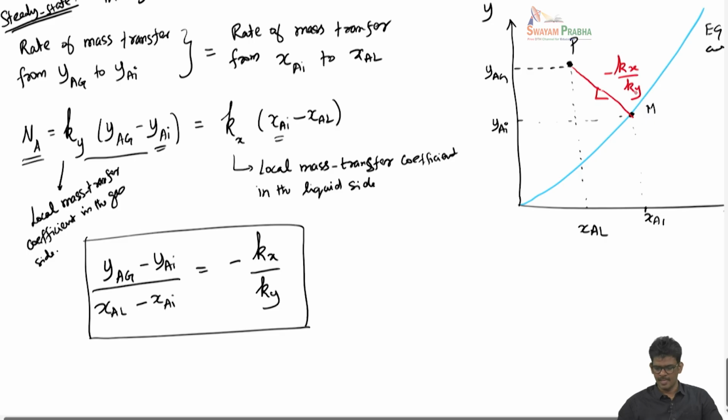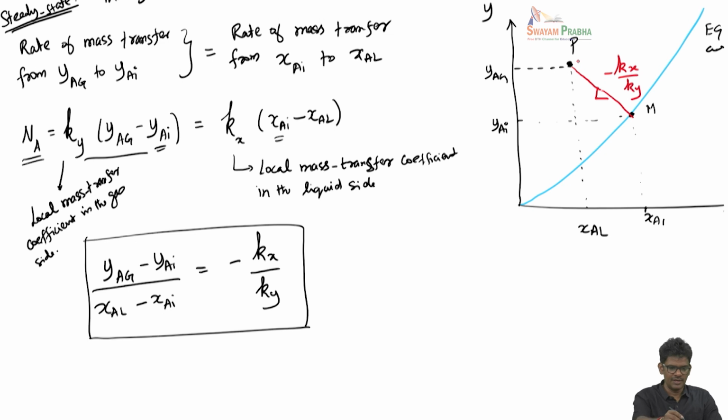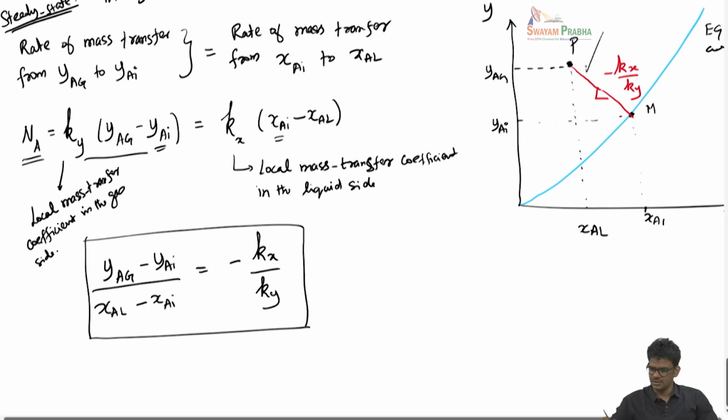Okay, so if you know Kx and Ky, which are the mass transfer coefficients, then the mass transfer is given by this particular driving force line. The line that is connecting P and M, we are going to call this a driving force line.